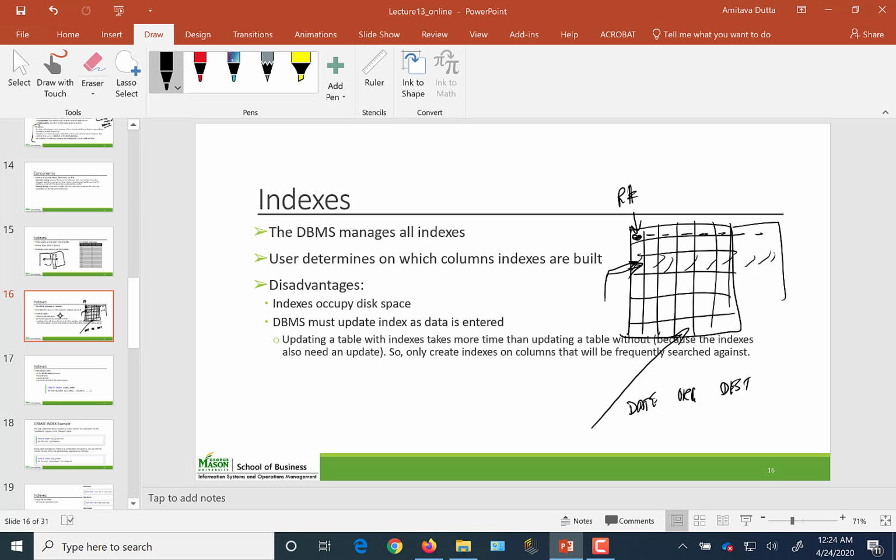So all the records for the same date are pointed to. So you have a date, let's say 20th of May 2020. All the records for flights on 20th May 2020 would be pointed to. All the record numbers would be here. End users don't see the index.